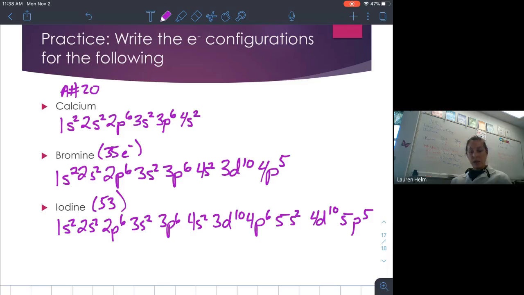I can double check. 2, 4, 10, 12, 18, 20, 30, 36, 38, 48, 53. These are where iodine's 53 electrons are.